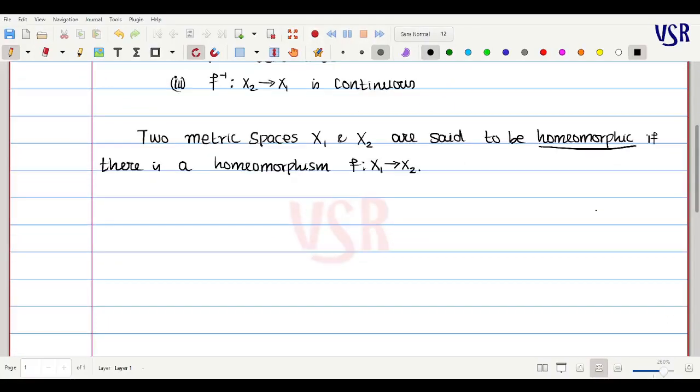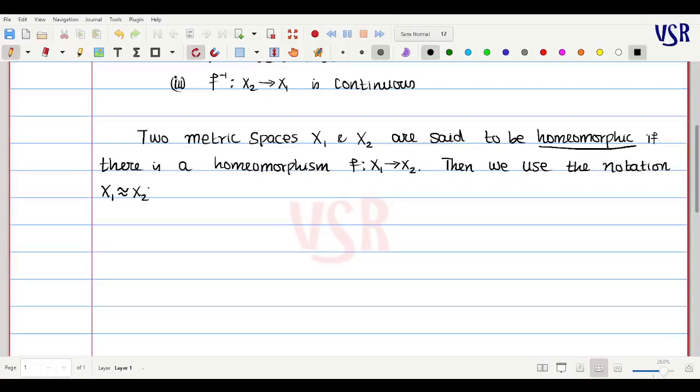Okay, then we use the notation: x1 is homeomorphic with x2, so this is the notation.